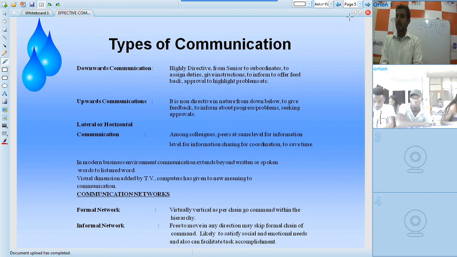That is, the visual dimensions added by TVs and computers have given new meaning to communication. Communication is also getting modernized day by day, because in the business sector, messages and information are given through TVs, computers and the internet.